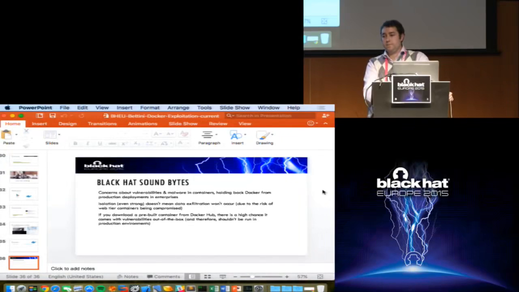Right. The whole point of Docker is that the layers for the pre-built containers, you can actually rebuild them. You cannot push a pre-built container that you download from the internet to your production. You have to specifically analyze it and understand what happens behind it. About security and vulnerabilities, what I understand from the results of the analysis is that the responsibility of security is completely shifted to the users and developers.